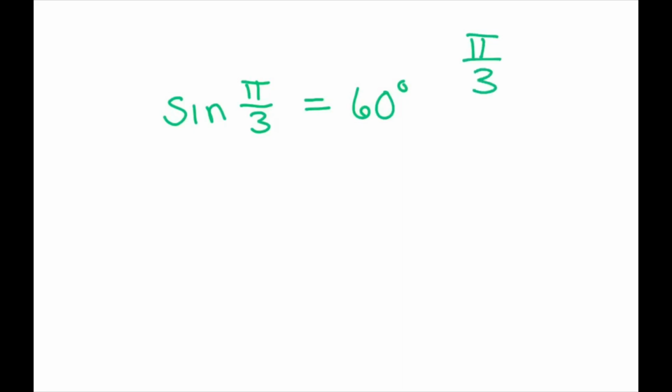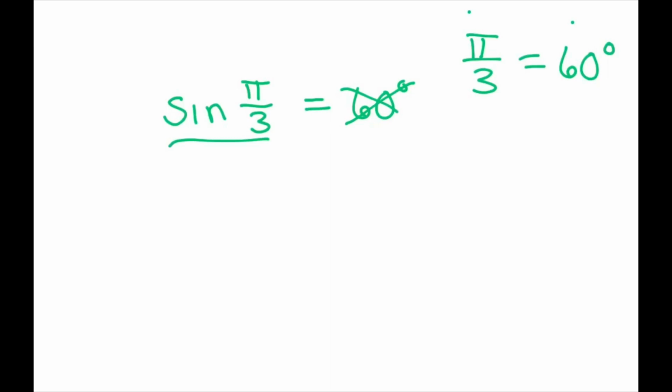Remember these common mistakes. Some students will do this. Say I'm asking for sine of pi over 3. Some students will write that the answer is 60 degrees. We know that pi over 3 is equivalent to 60 degrees, but that's not the answer to sine of pi over 3, so that would be wrong.